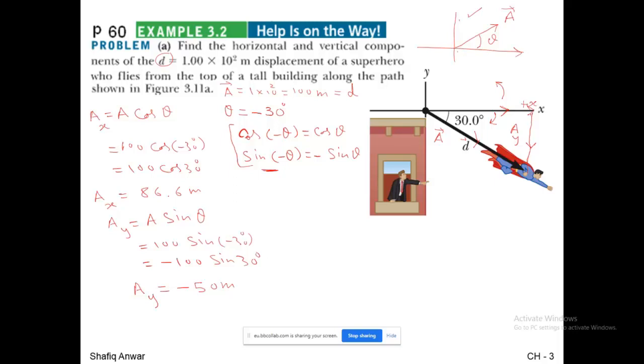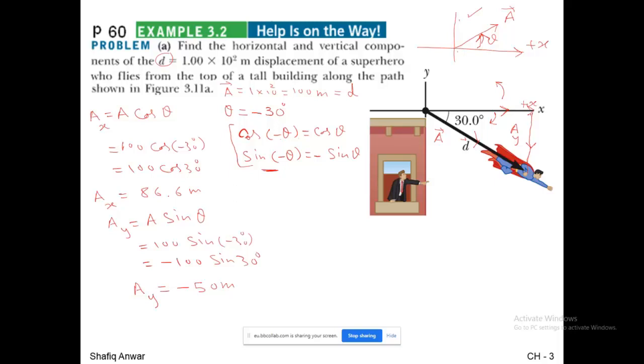This is plus x, so from positive x-axis you are going in the anti-clockwise direction, so the angle is positive. Now if it is here, it is clockwise, so it is negative, right? Theta is minus 30. Clear?